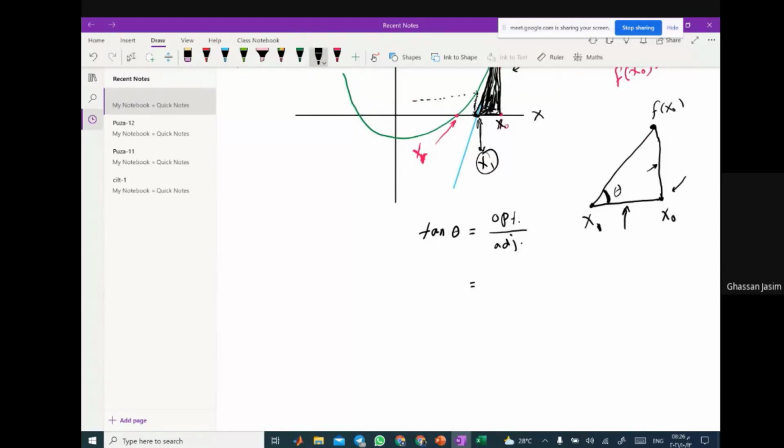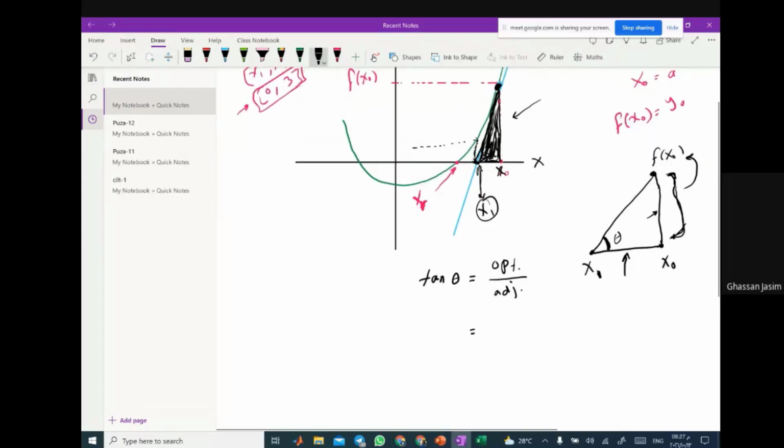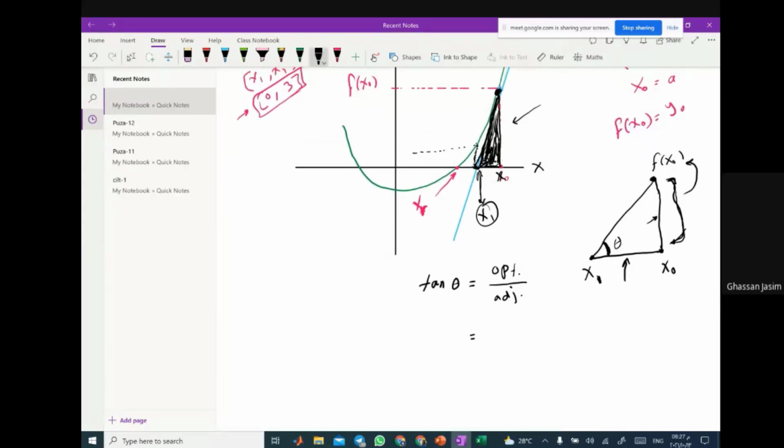Now, what's the value of the opposite line? It is f of x naught, from here to here. It looks like y, y of x naught. Do you understand?